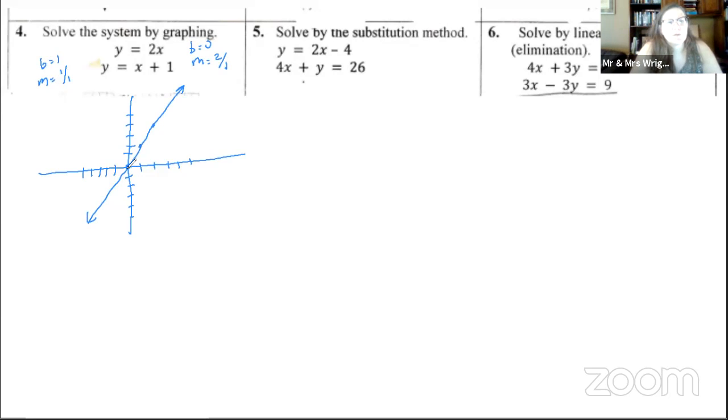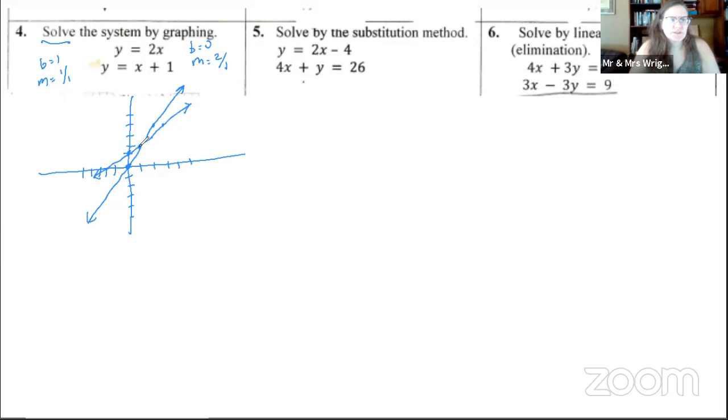So that means my y-intercept is right here, and I'm going to go up 1 and over 1, up 1 and over 1, up 1 and over 1. So this is my slope. And to solve the system of equations is to find out where the lines intersect.